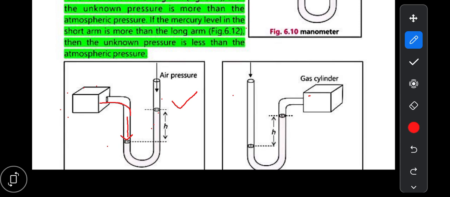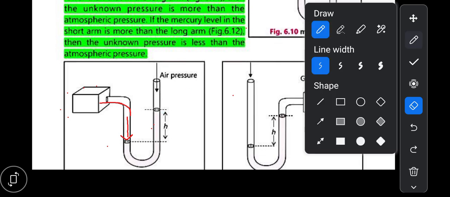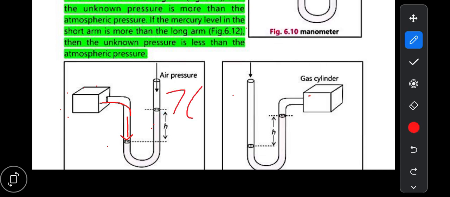Let's suppose the level at this point is 760 millimeter, and at this point the level is, let's suppose, 38.